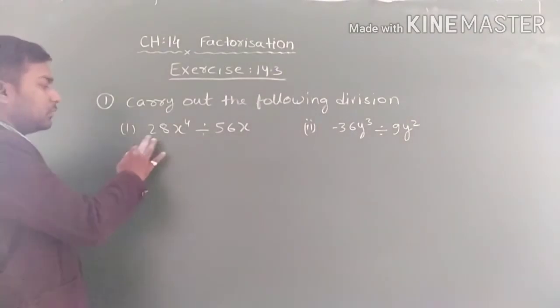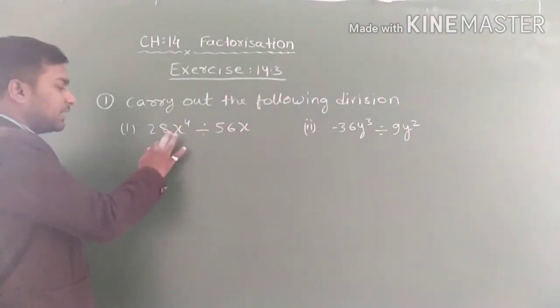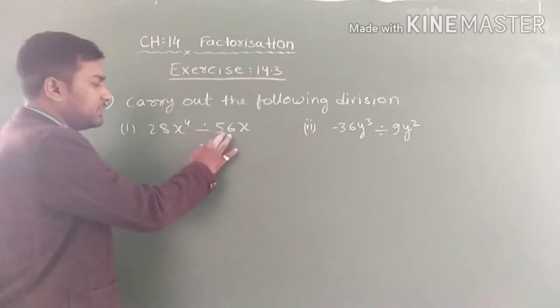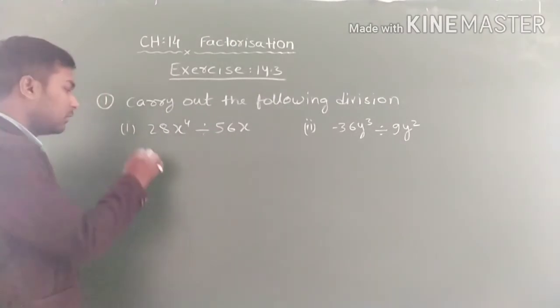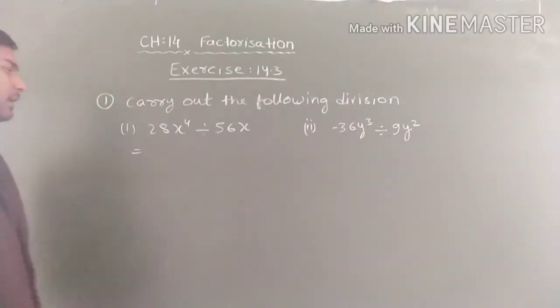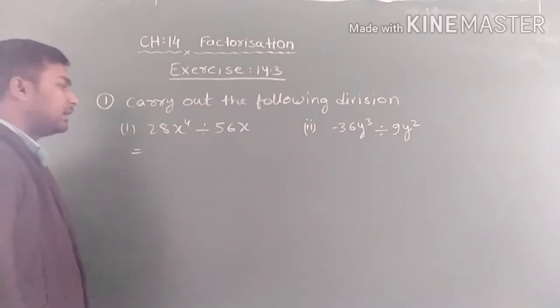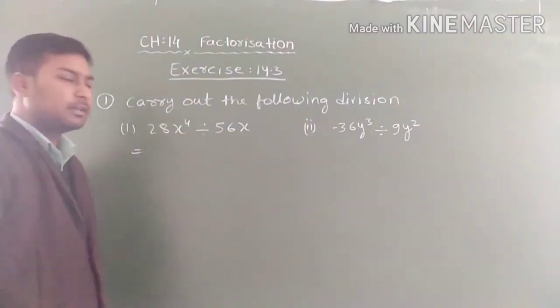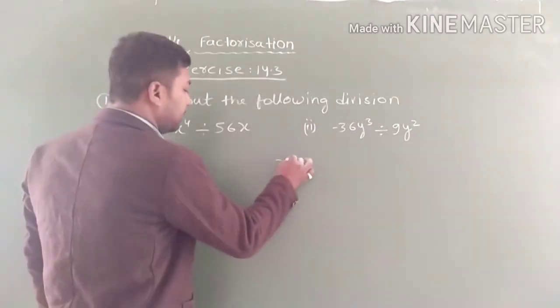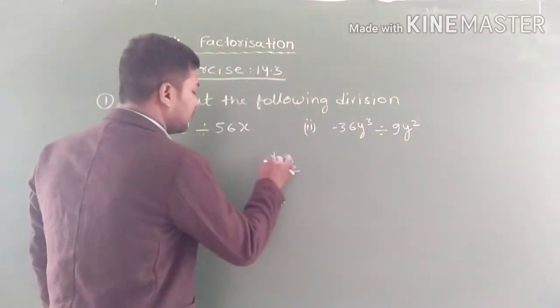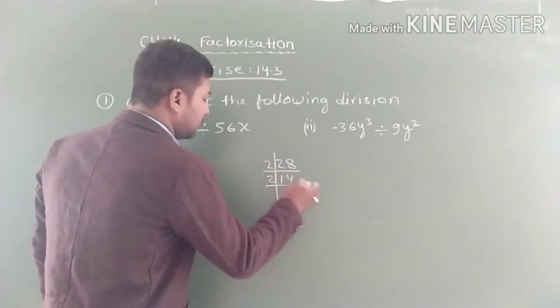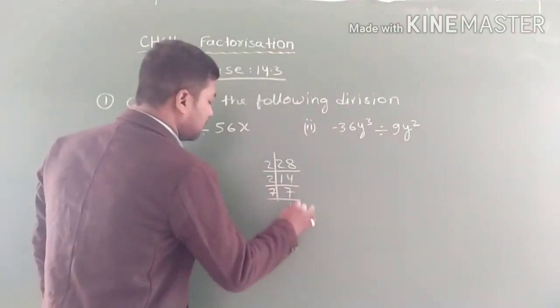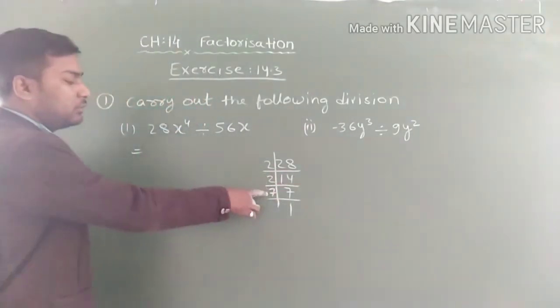Question number 1. Carry out the following divisions. First question, 28x to the power 4 divided by 56x. So directly we can write the factors of 28x to the power 4. The factors of 28 will be 2 into 2 into 7.